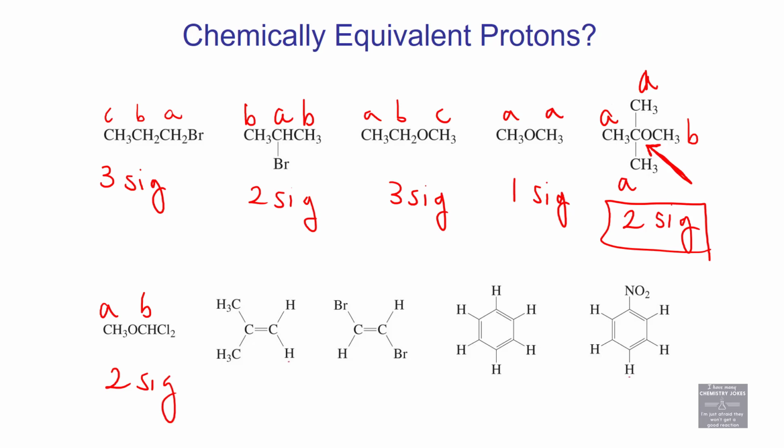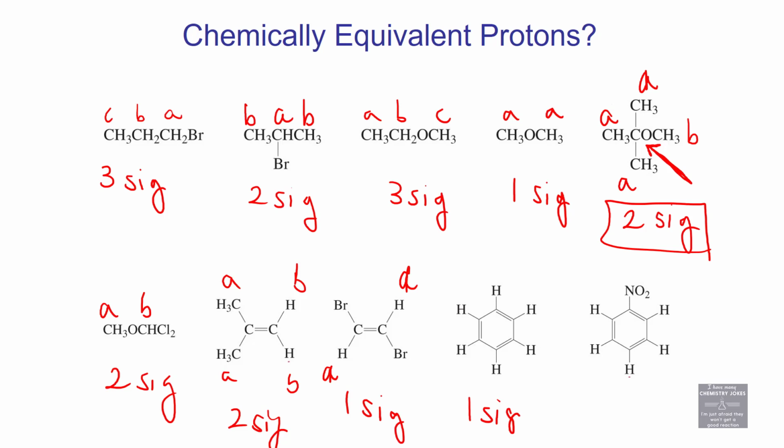1 here, 2 signals. 1 here, different here, but same there, 2 signals. I just told you I do letters and then I turn that into numbers because all the benzene protons would be the same.